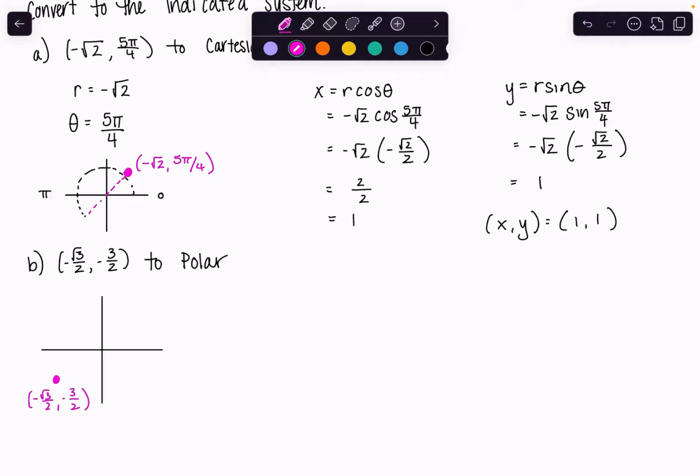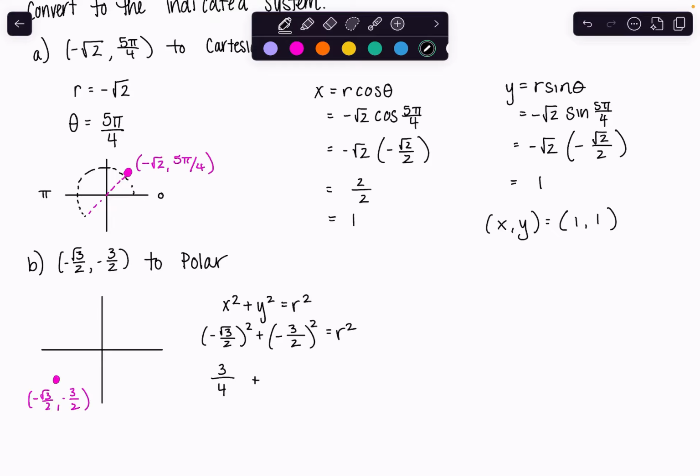Okay. So I'm going to start by finding my value of r. In this case, I know x squared plus y squared is r squared. My x is negative root 3 over 2. My y is negative 3 over 2. Okay. So going through with that, root 3 times itself gives me positive 3, and I get 4 in the bottom.